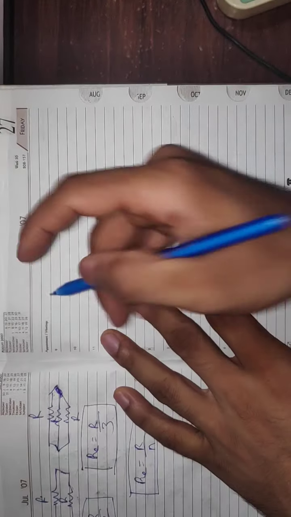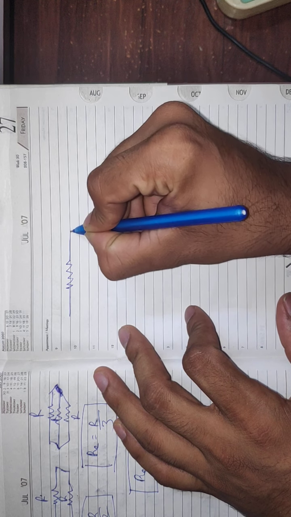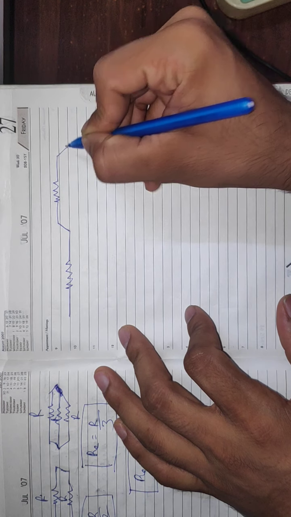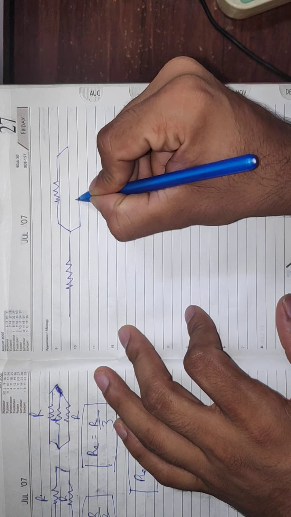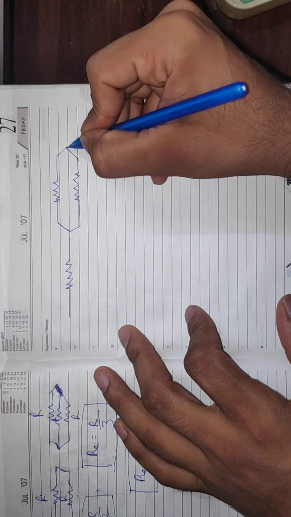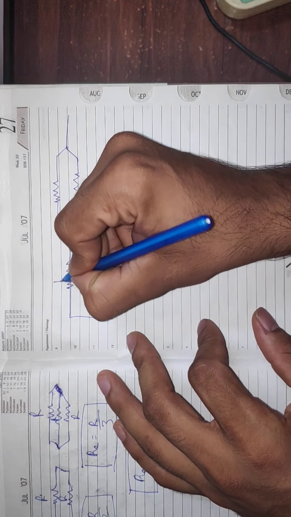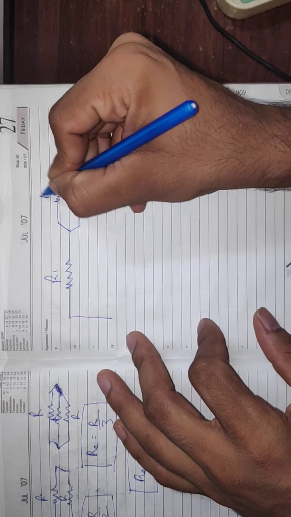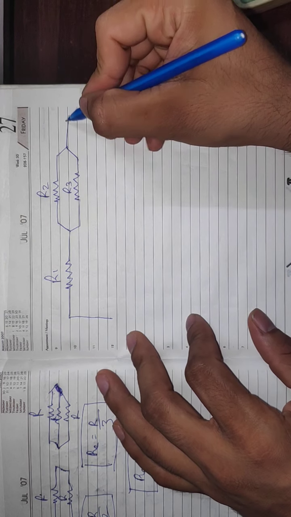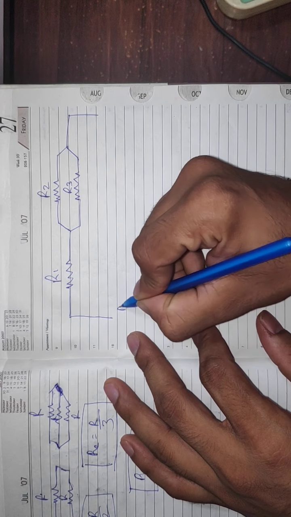Now we'll solve a small sum. Suppose we have a resistance network like this, which is then connected to some battery. Right now we'll let this be R1, this be R2, this be R3. Now if you are asked to find the equivalent resistance of this, you need to find out RE.